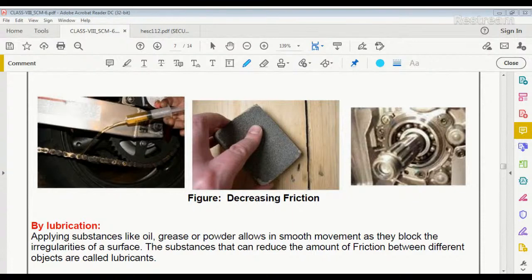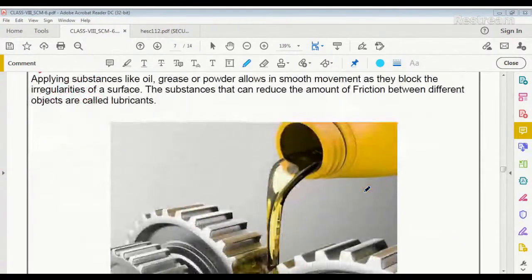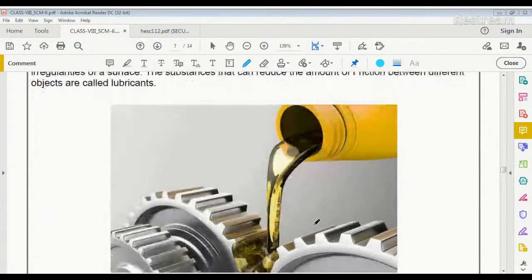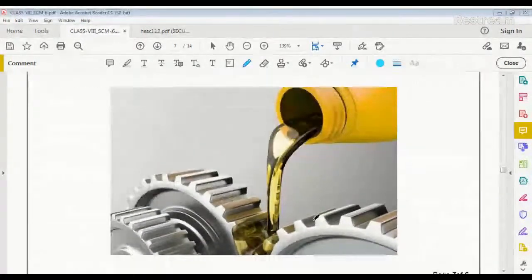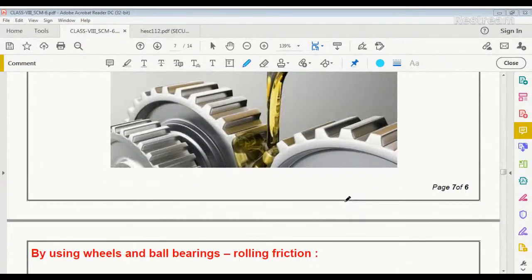Okay, now this is the picture of pouring oil or lubricant in a machine. Okay, next we'll move on to the topic of using wheels and ball bearings, the rolling friction. We are coming towards rolling friction right now.